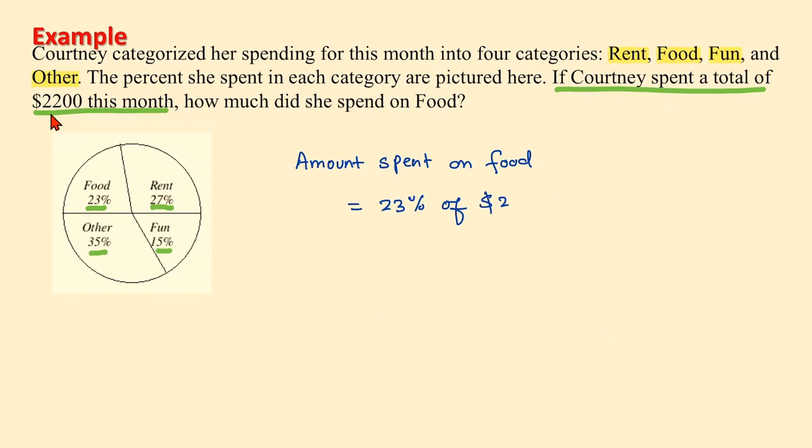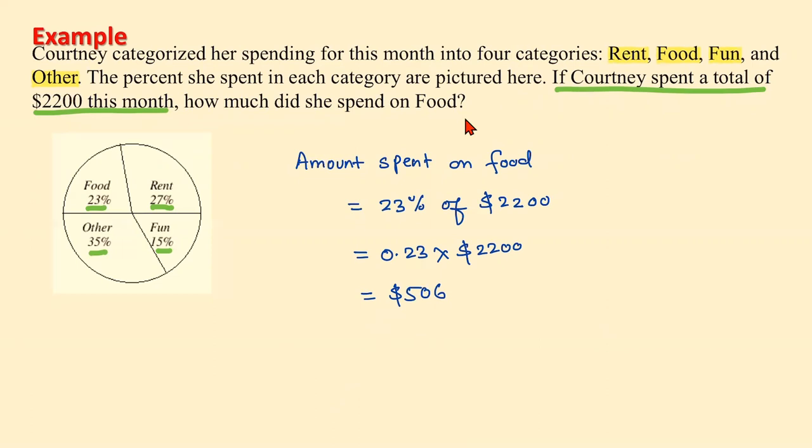Which is equal to 23% means 0.23 times 2,200. So 0.23 multiplied by 2,200 is 506. So she spent $506 on food this month.